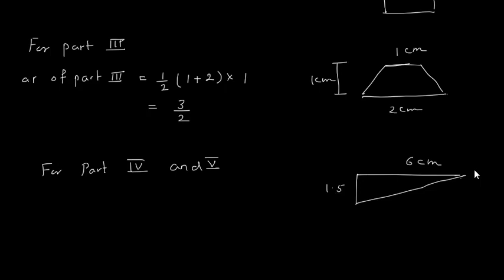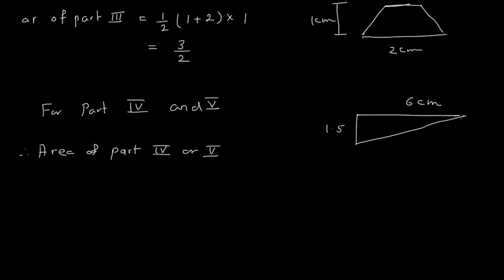So therefore area of part 4 or 5, okay, is equal to 1 upon 2 into base is 1.5 into height is 6. So this will give me 3 into 1.5 is equals to 4.5 centimeter square. So all areas are in centimeter square. We can say this as 9 upon 2.